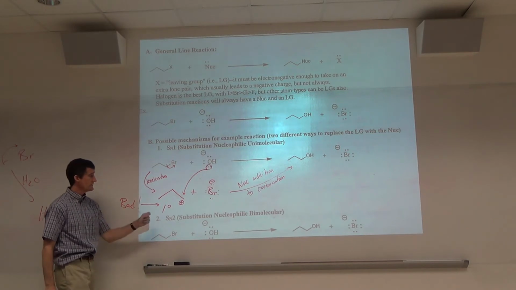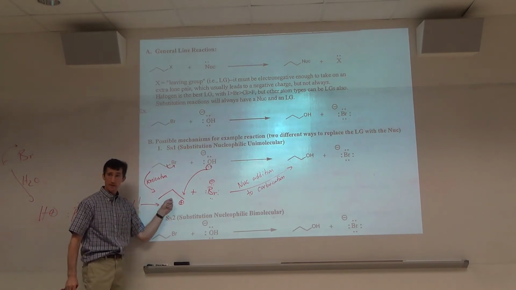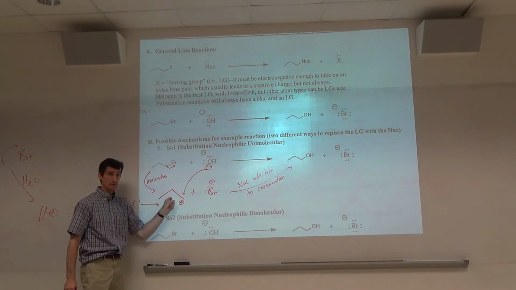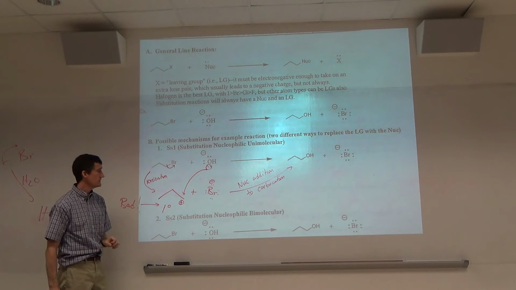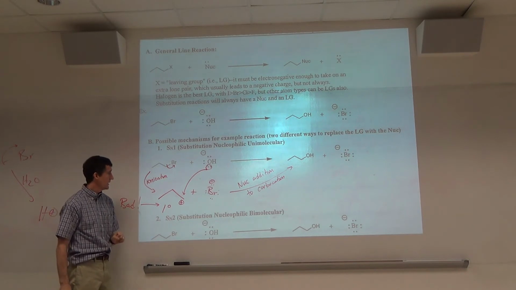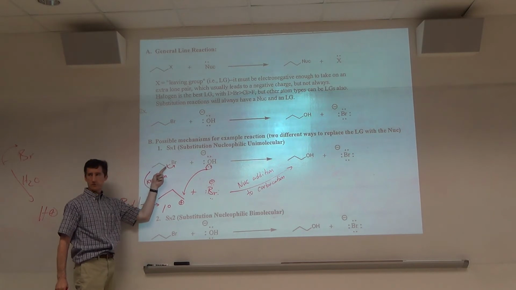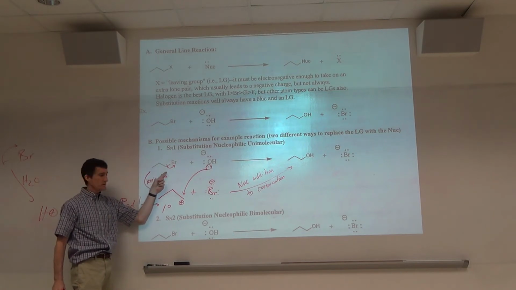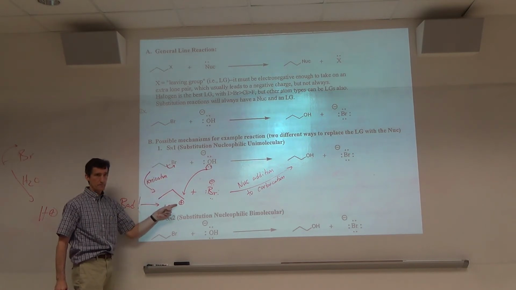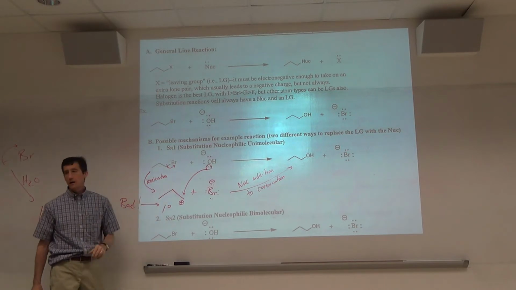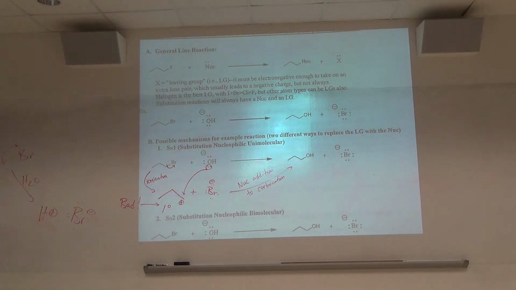An SN1 involves a carbocation intermediate from ionization. Plenty of SN1 reactions take place, but usually when an SN1 takes place, the leaving group is on a tertiary carbon, because a tertiary cation is best.